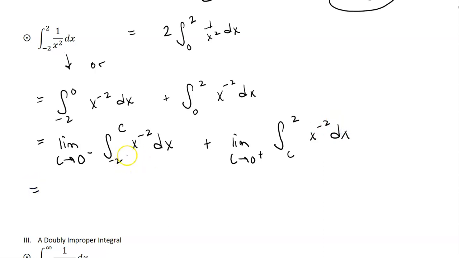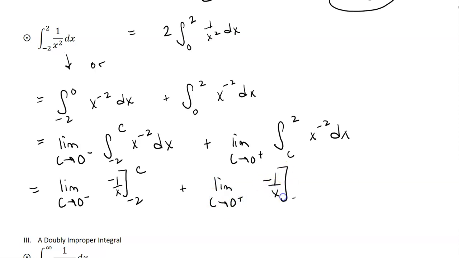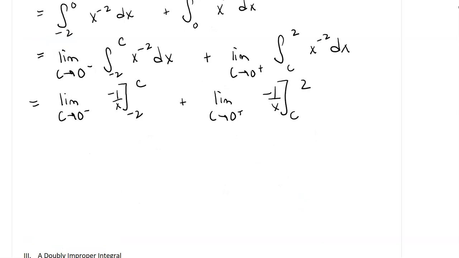Both of these are going to give me negative 1 over x. So we'll have negative 1 over x from negative 2 to c, plus the limit as c approaches 0 from the right of negative 1 over x from c to 2.